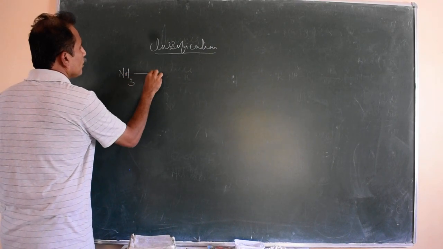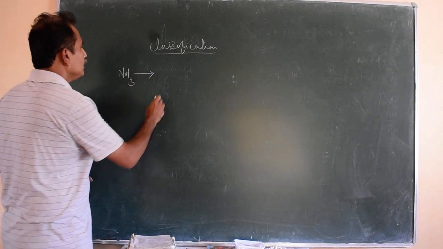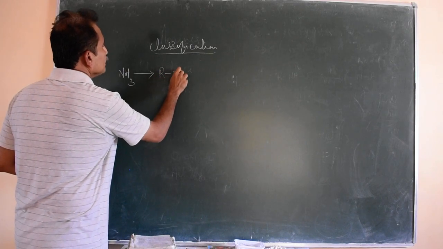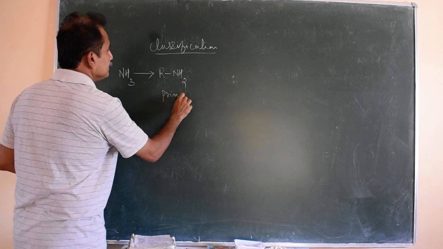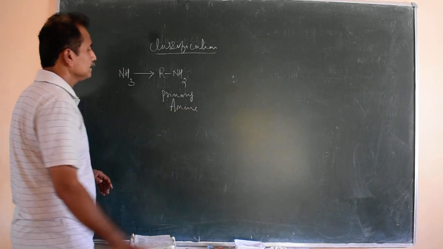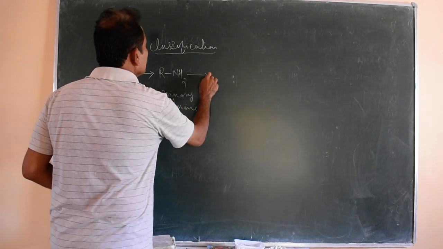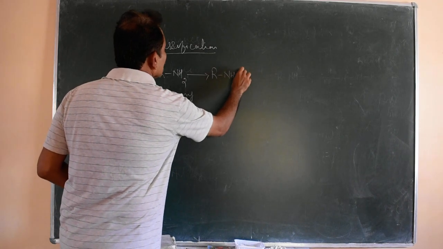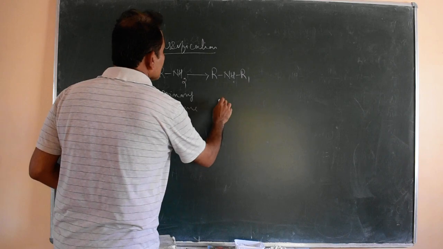If you replace one hydrogen by one alkyl or aryl group, you get R dash NH2. So this is a primary amine. Okay. Similarly, if I replace one more hydrogen, I get R dash NH dash R dash, or I write R1. So this is secondary.